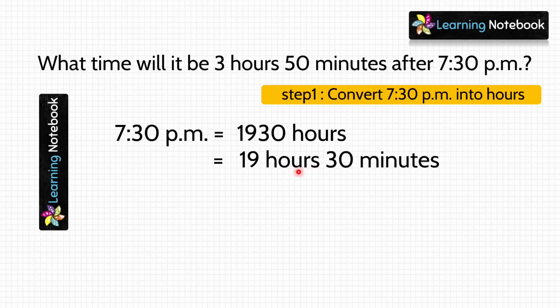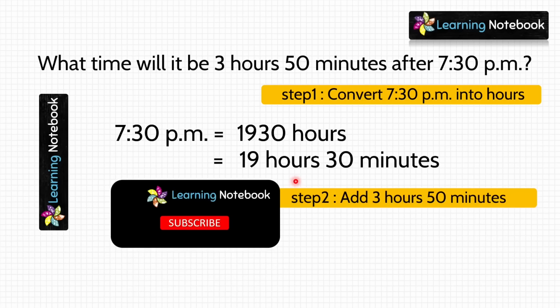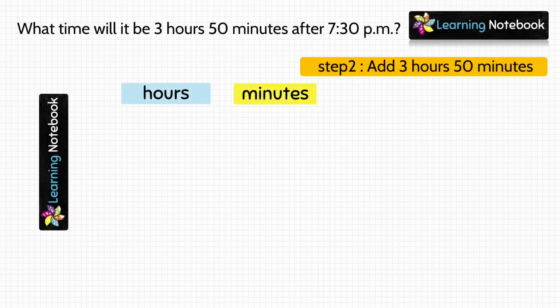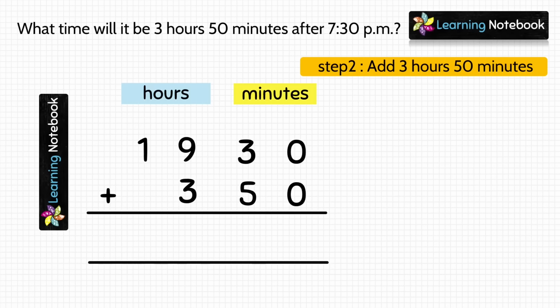Now students, both the times are in the same units. Look at these two times, they are in the same units. So now we can easily add them. Let's add both these times. To add them, let's write them in column form, that is, hours under hours column and minutes under minutes column. Now let's first add the minutes column. 30 plus 50 equals 80.